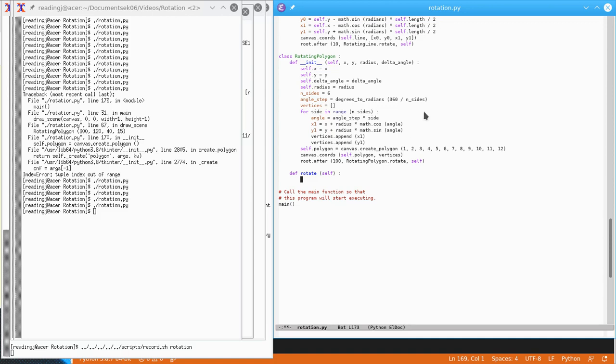So I need to chop some of this code out and put it into a common area. Let's see. Did I do a self.angle? I didn't do a self.angle.